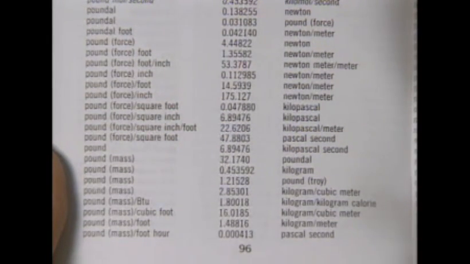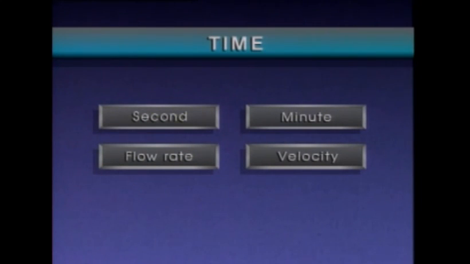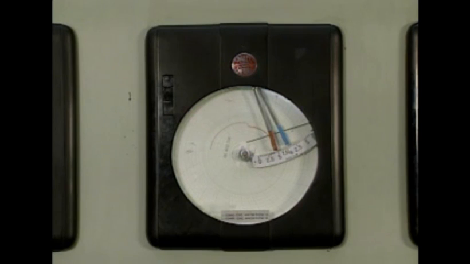Although the second and the minute are 2 units of time that you're most familiar with, flow rate and velocity are both derived from units of time. Flow rate can be measured in units derived from a combination of a unit of volume and a unit of time.